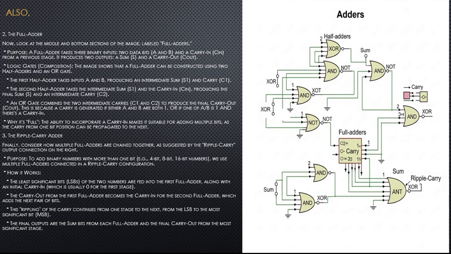This rippling of the carry continues from one stage to the next, from the LSB to the most significant bit, the MSB. The final outputs are the sum bits from each full adder and the final carry-out from the most significant stage.